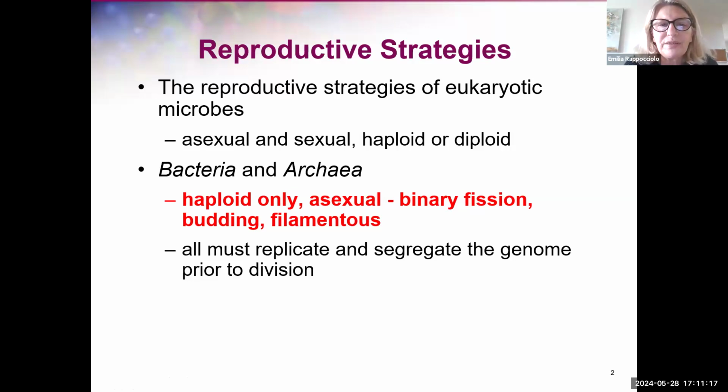So all must replicate and segregate the genome prior to division. What we mean by segregation is this kind of pushing the new copies of DNA to different sides of the cell so that it can be given equally to the daughter cells.